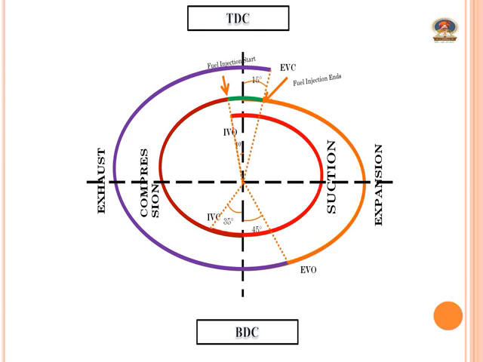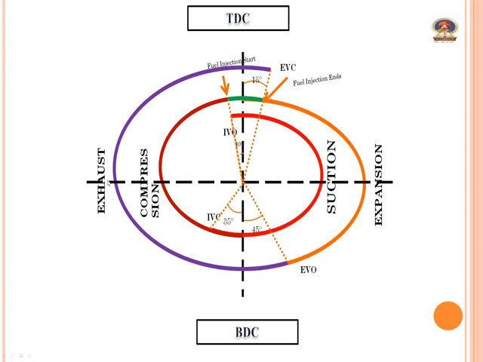Due to the high pressure, the burnt gases start moving outside the cylinder, and we do not consume the power of the piston to exhaust the burnt gases. Due to the pressure difference, the gases automatically move outside the cylinder, and we save the energy of the piston by doing this.